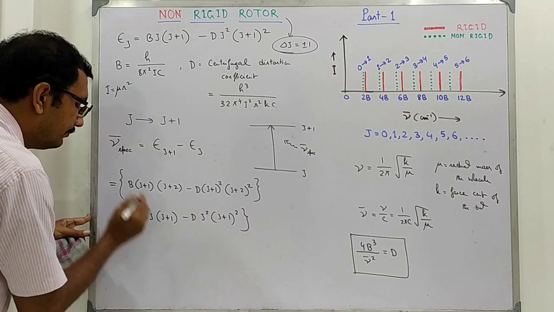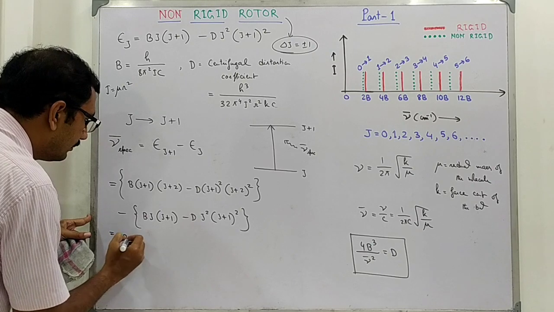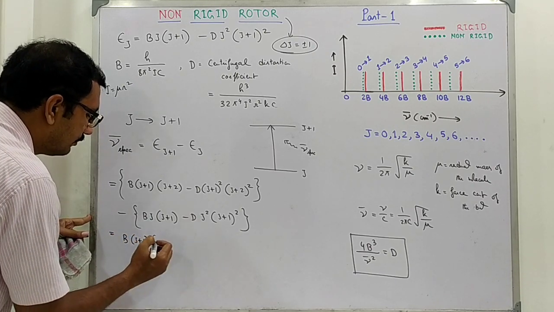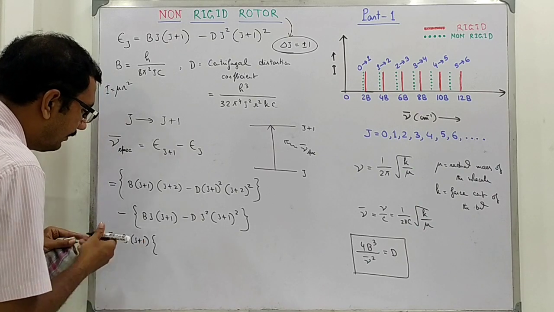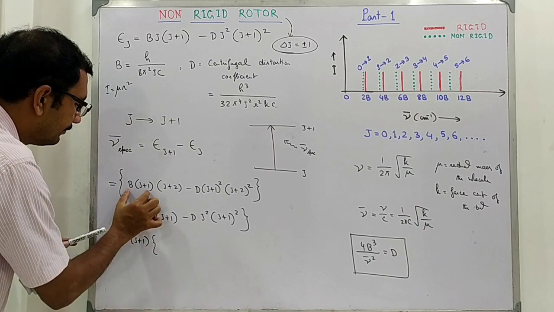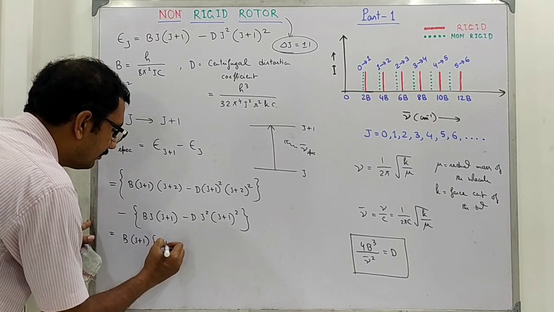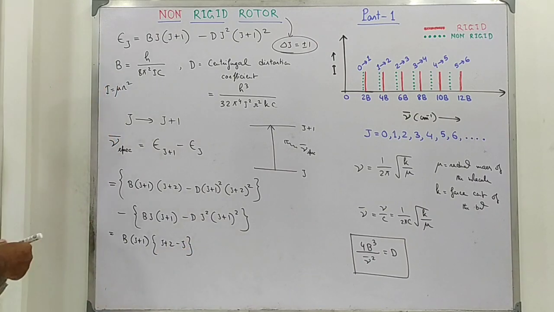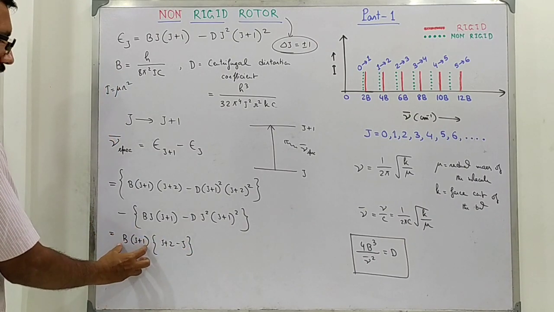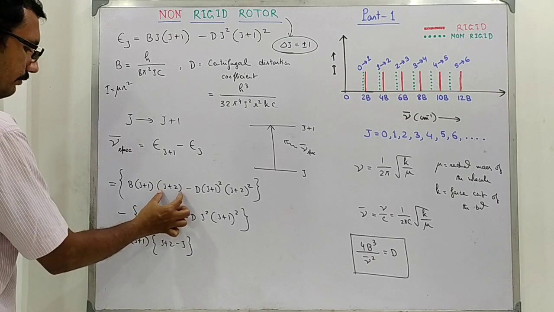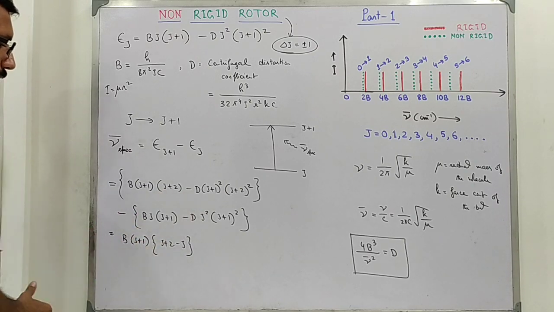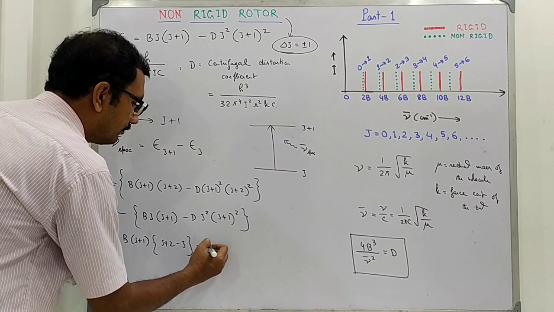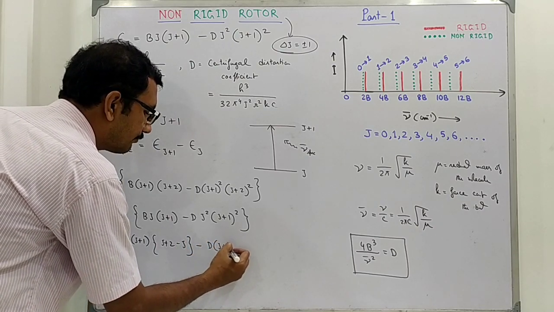Now, we take these two. We take B into J plus 1 in common. So, in the parenthesis we will have J plus 2 minus J. Now, here it is minus, so we can take D into J plus 1 whole square in common.